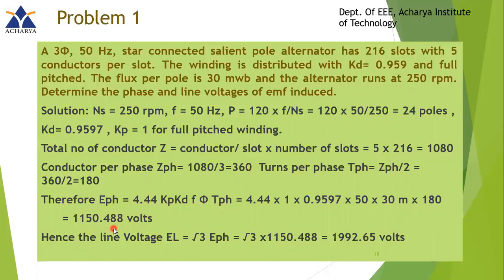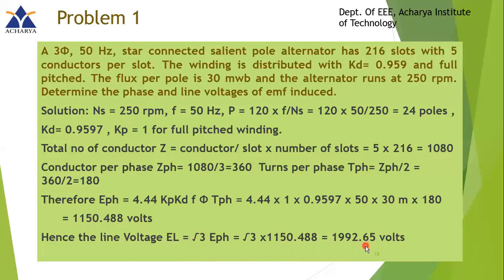To find the line voltage, for a star connection in a 3-phase system, the line voltage is equal to root 3 times the phase voltage. So you multiply this value by root 3, and we get the line voltage.